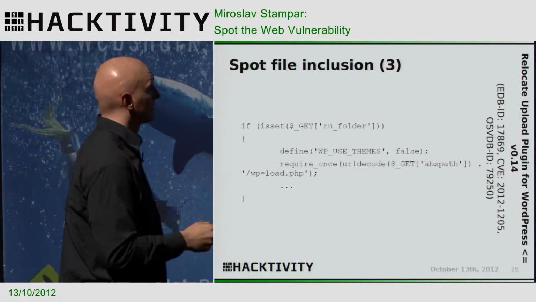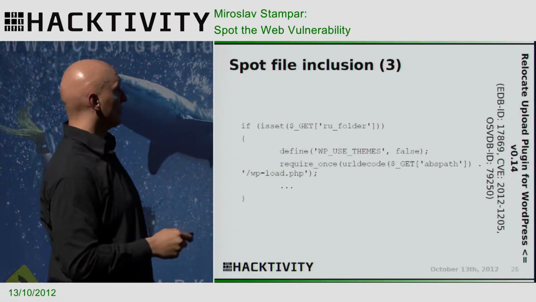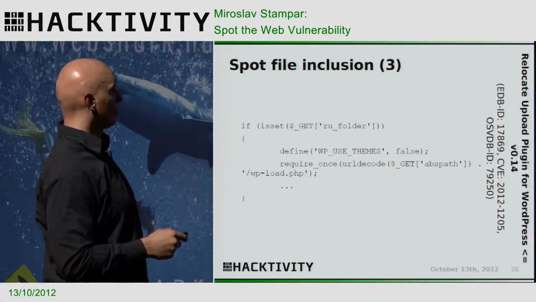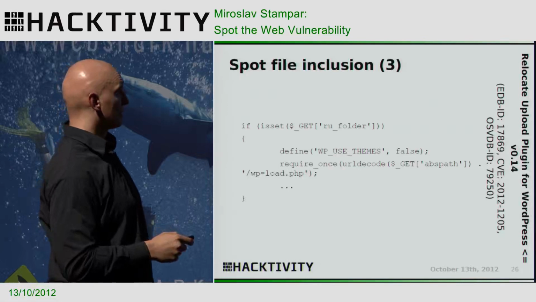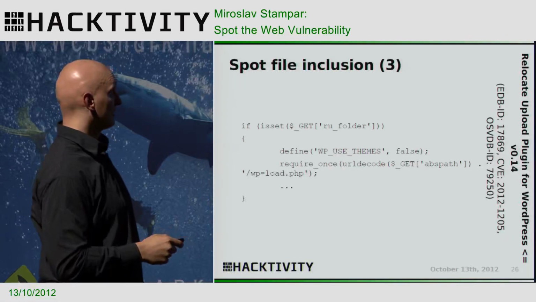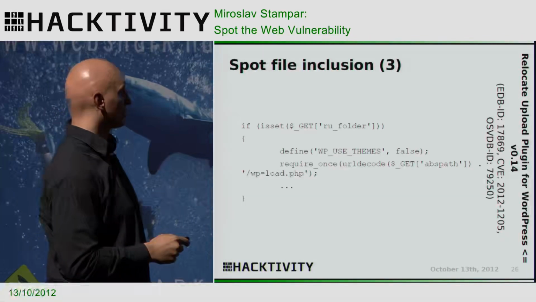This could also be a hello world for remote file inclusion. You can see here that the get parameter value abs path is blindly included into the source of this code.